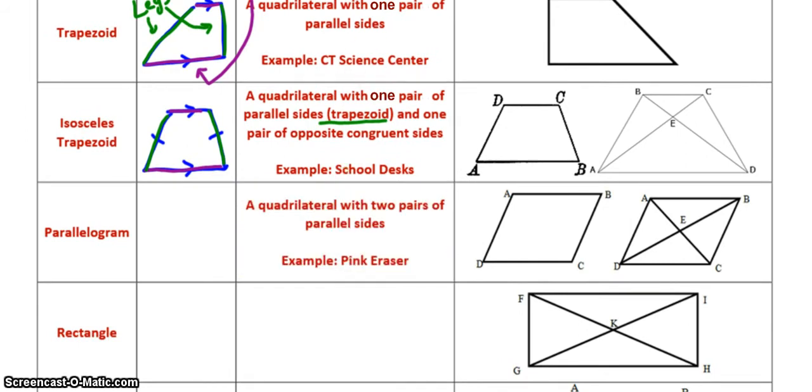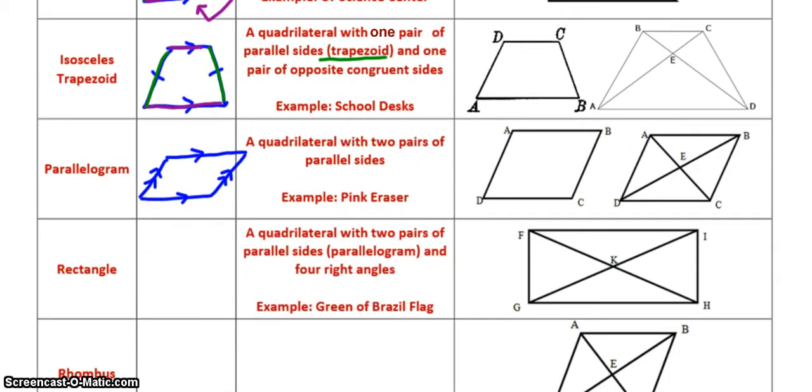Unlike a trapezoid, a parallelogram is a quadrilateral with two pairs of parallel sides. So for example, here's one pair of parallel sides, and here's a second pair. I'll mark the first pair with one arrow and the second pair with two arrows to signify that they are parallel.